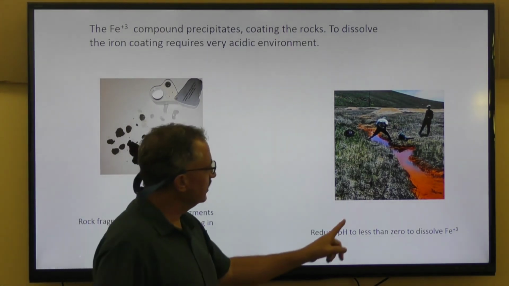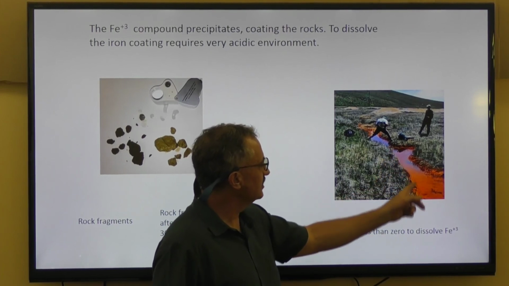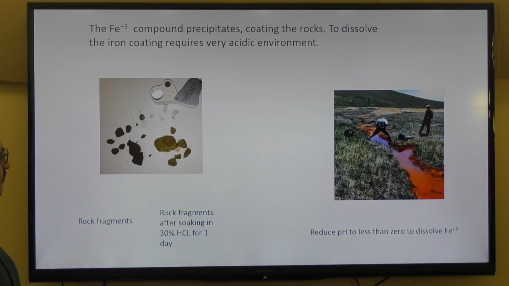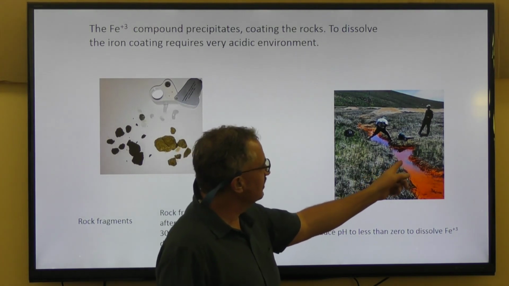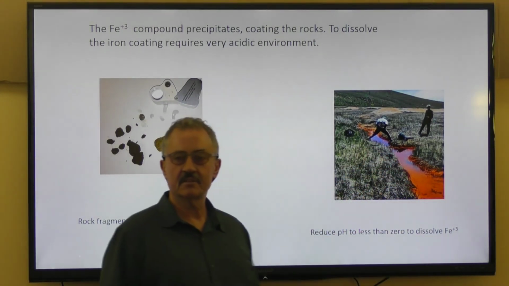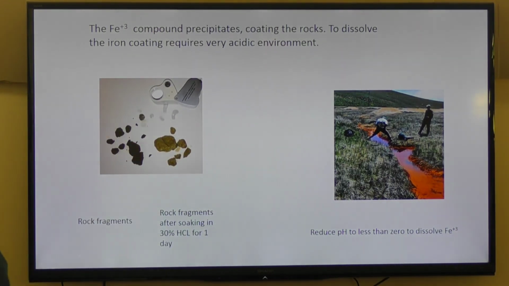So that should make you wonder, how do you get a stream like that? And what has happened, and bacteria play a role in this, is, not knowing, but I would guess the pH of this stream is roughly 0 or maybe even negative. Because that's what it takes to dissolve that hematite off that rock.